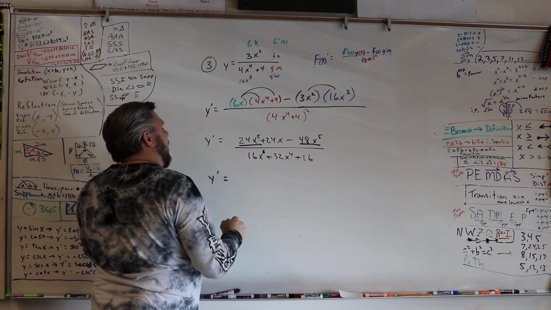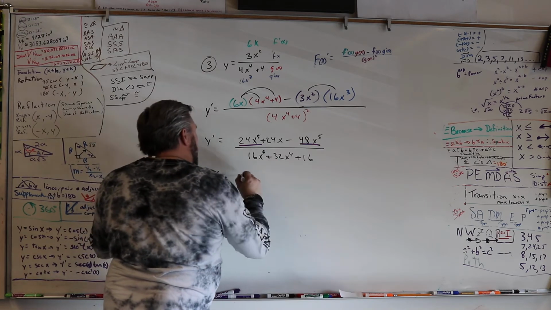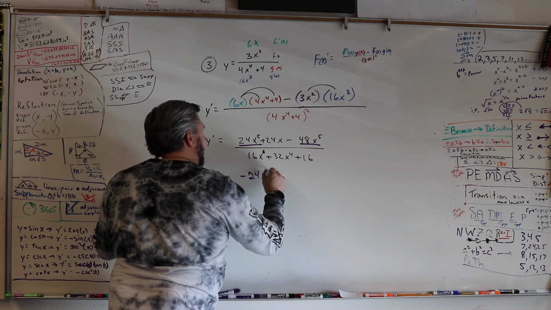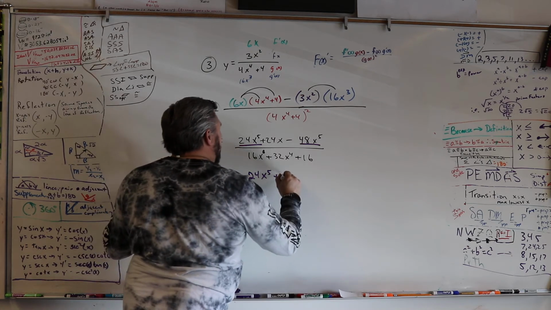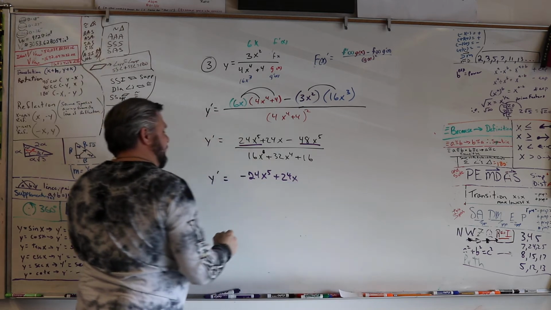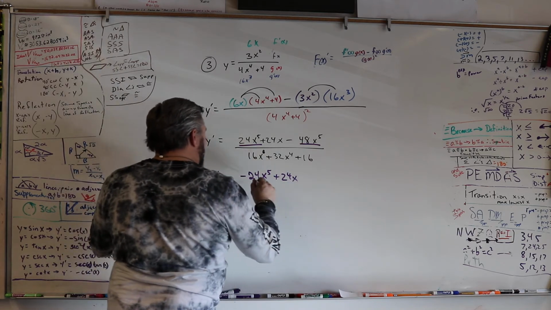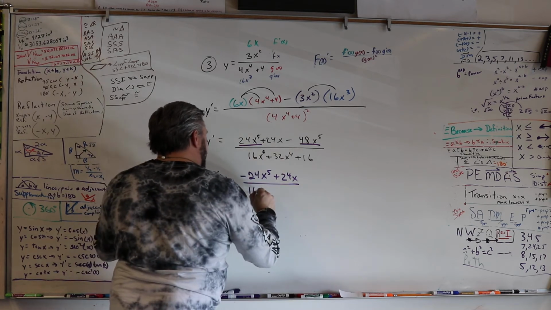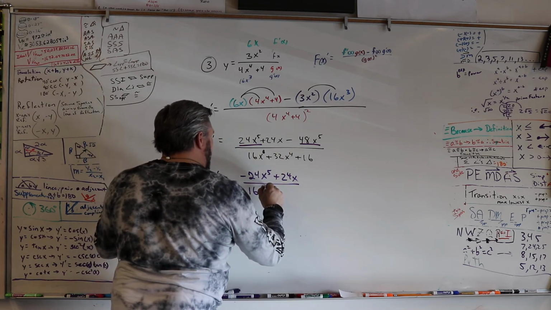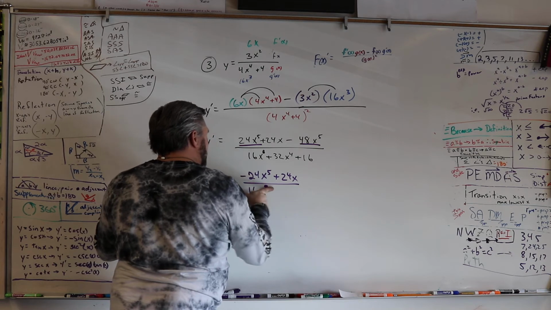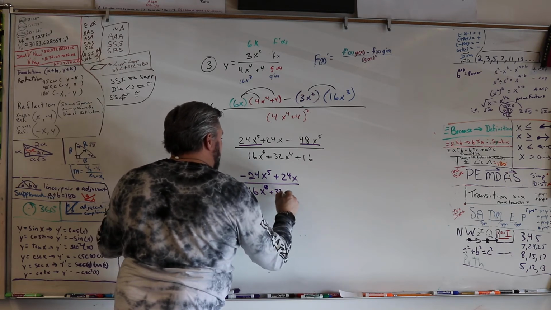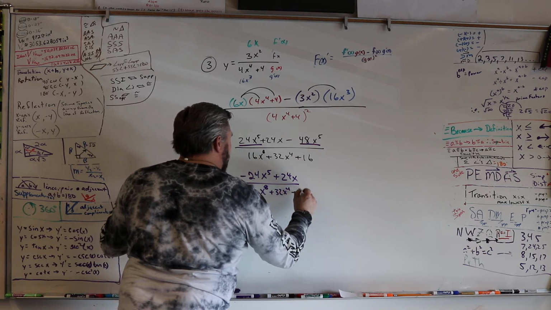So that's y prime is equal to negative 24x to the fifth plus 24x, and then there's nothing to put together there, so we just have the same thing: x to the 8, sorry about that, plus 32x to the 4th plus 16.